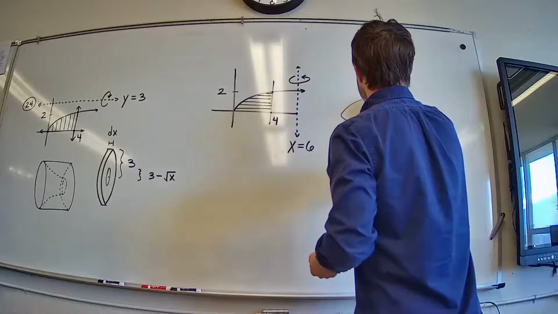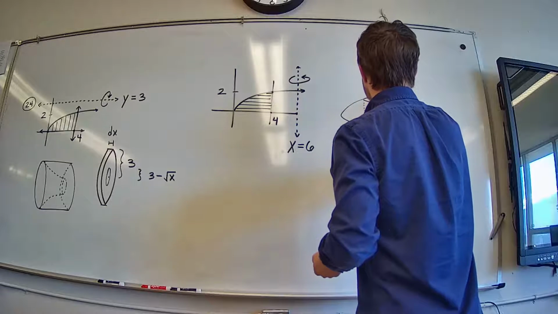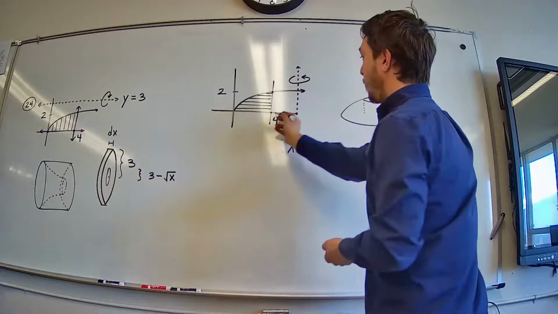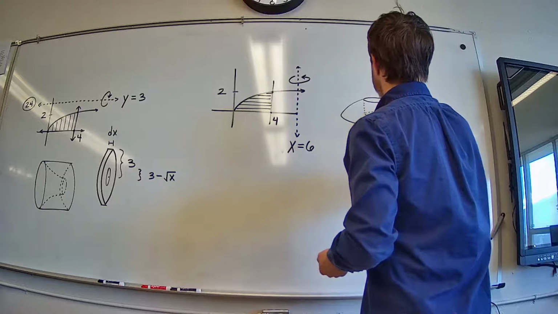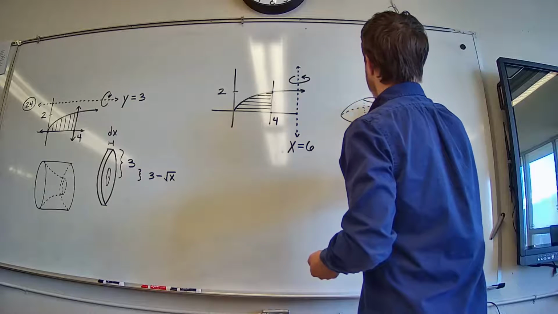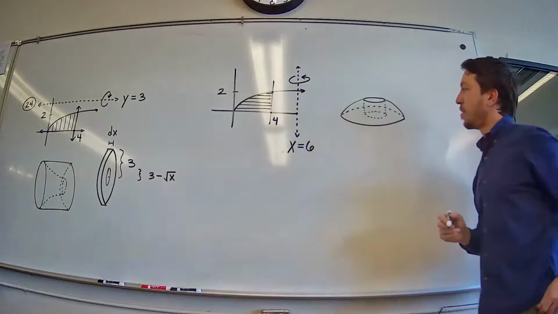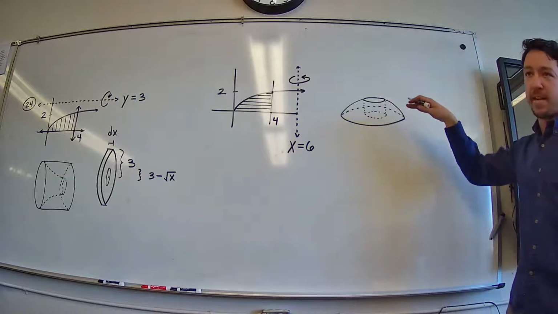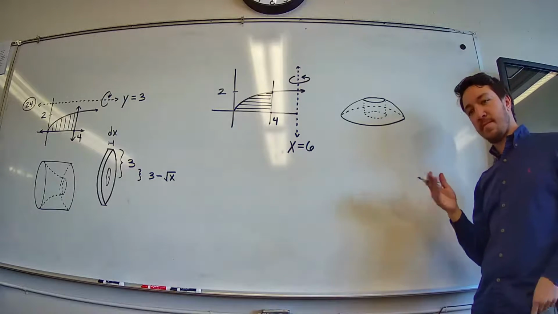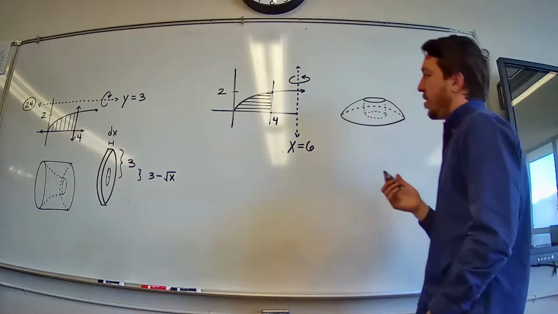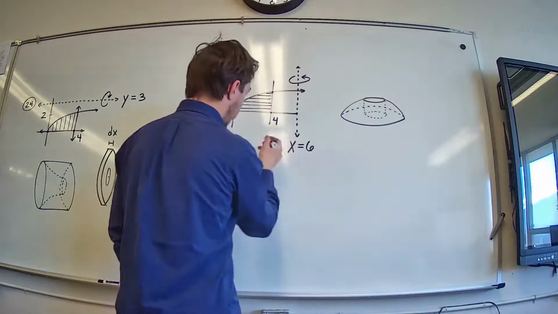So there's this cylindrical hole through the middle. This is my best attempt at a drawing. Kind of like a truncated dome shape with a cylinder cut through the middle. Understand? Okay.